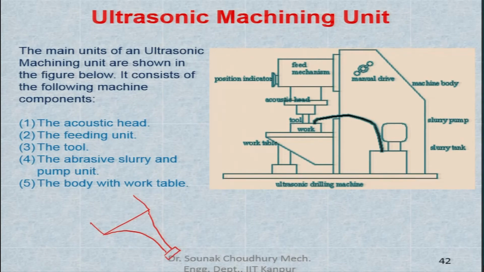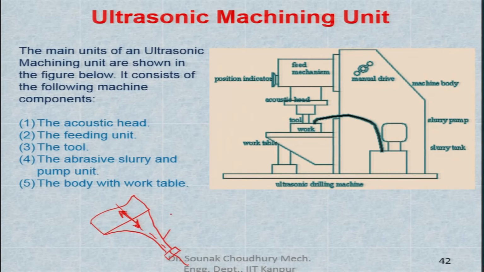Of course, it is not to scale, and you understand that the axis is maintained. Now, this is done in this shape to concentrate the vibration, and you understand that this is vibrating at a very high frequency and low amplitude, and this is a concentrator.